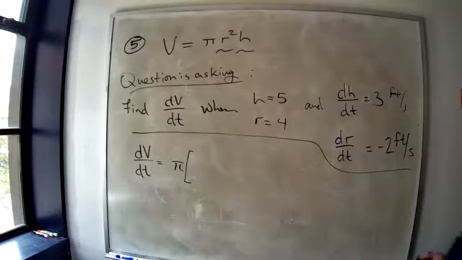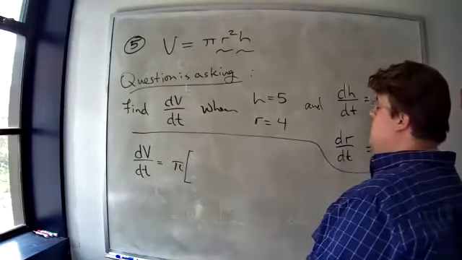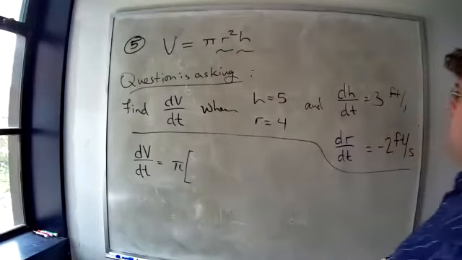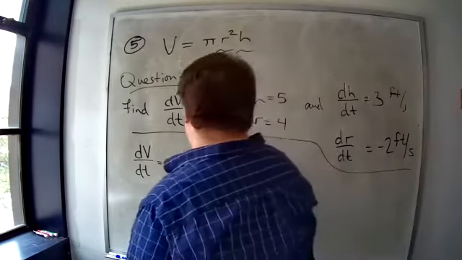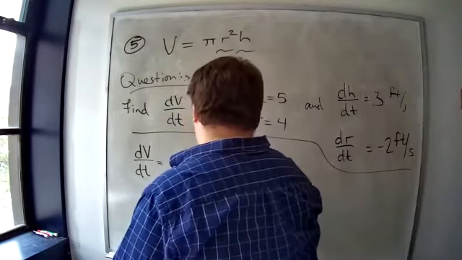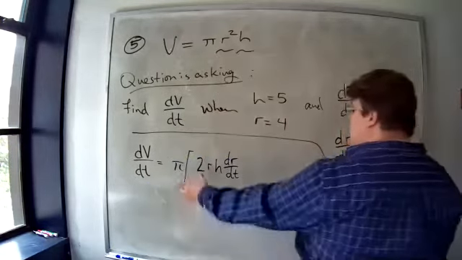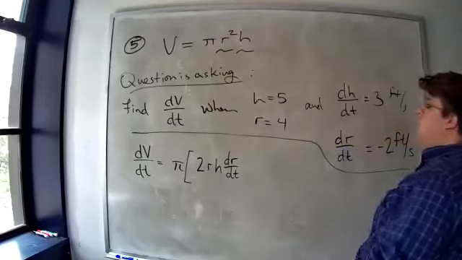R and h are functions of time. Derivative of r squared is 2r to the first, sorry, I did the same thing this morning, I said r instead of r squared. But then you apply chain rule, and you get 2r dr dt, and then h carries through with the product rule.